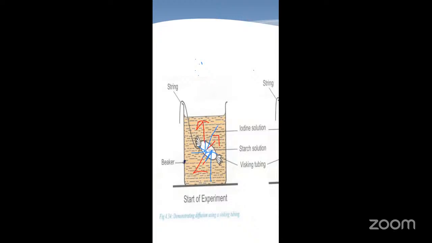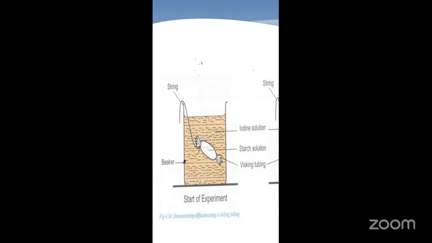So therefore, at the end of the experiment, you expect that the molecules of starch solution will move from the outside of the whisking tubing, to the beaker. Okay, we are expecting starch molecules will leave the whisking tubing and we are expecting iodine molecules.